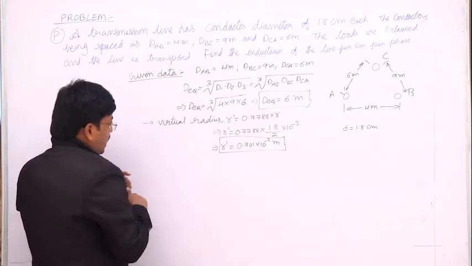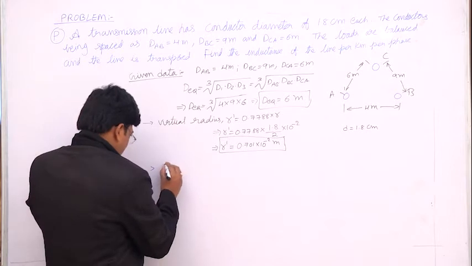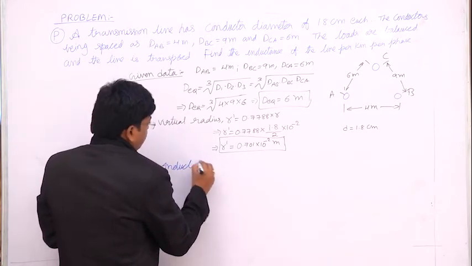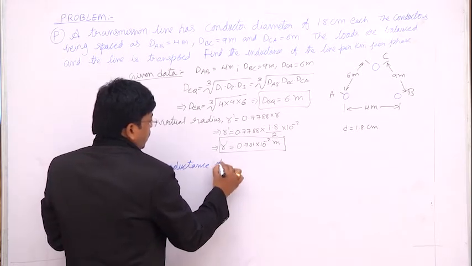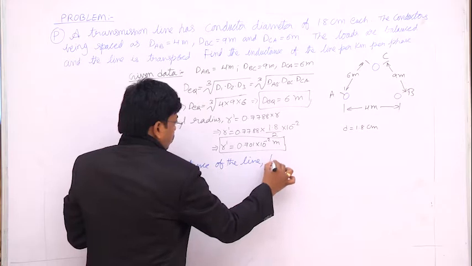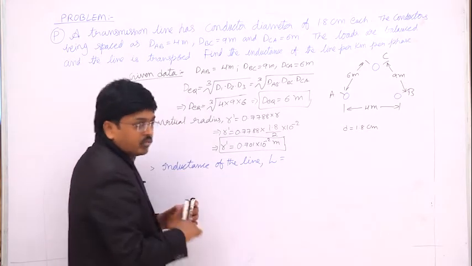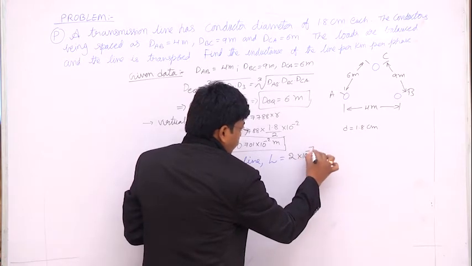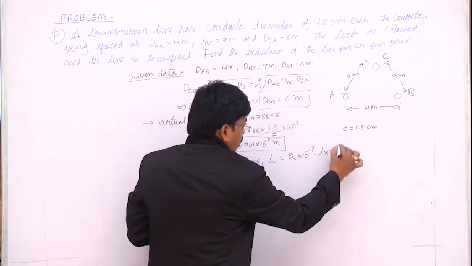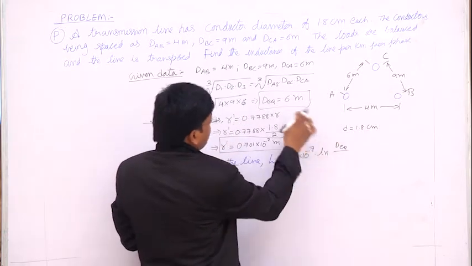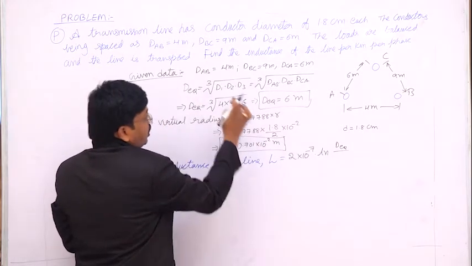Now we have to calculate the inductance of the line. From the formula, the inductance is 2 into 10 power minus 7 into logarithm of D equivalent by R dash, where D equivalent is the cube root of D1, D2, D3.